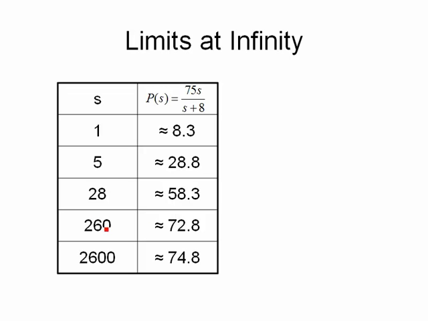And if I go from 260 days of on-the-job training to 2,600, so that's 10 times as much on-the-job training, no one's ever going to have that much training, we only go from about 72.8 items per day to 74.8 items per day. It seems like things are kind of leveling off.